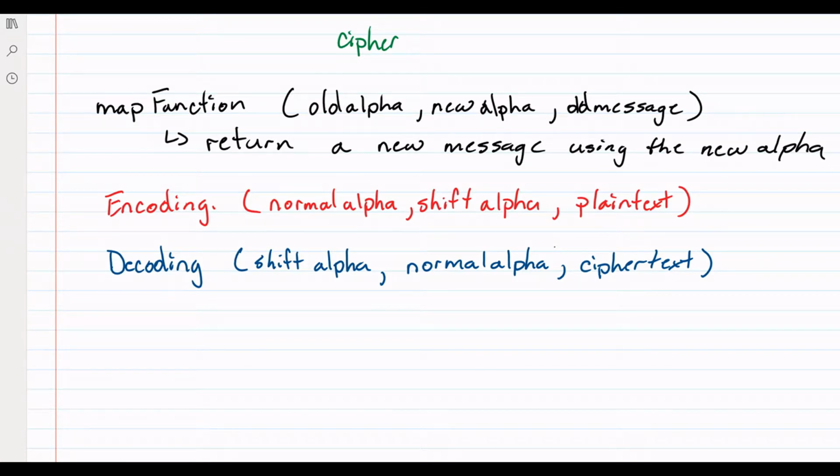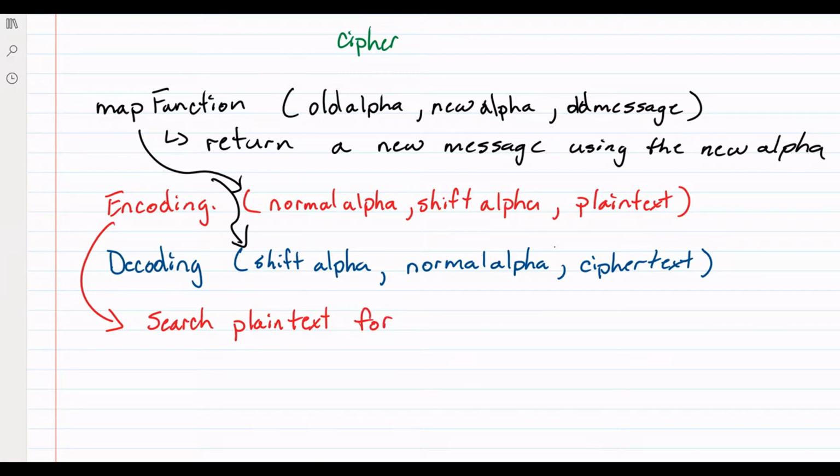The encoding one would have to search the plain text message for the most frequent letter and then generate the shift. So our encoding one would search the plain text for the most common letter, and then we've got to figure out a way to generate the new alphabet, the shifted alpha.